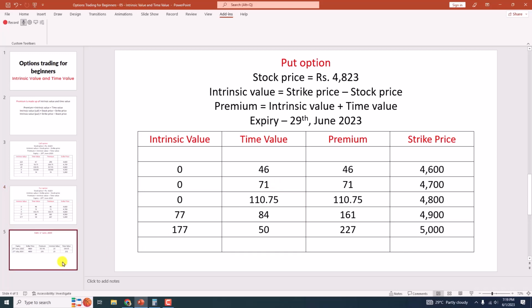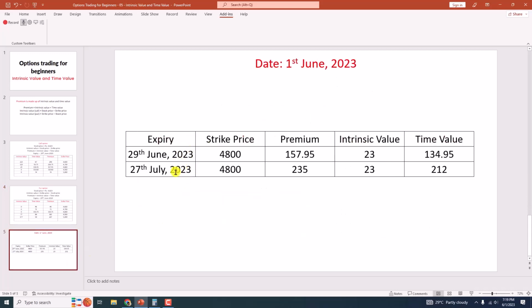Now if we consider the same strike price option with different expiry, we can see the time value is greater in the option that expires next month.